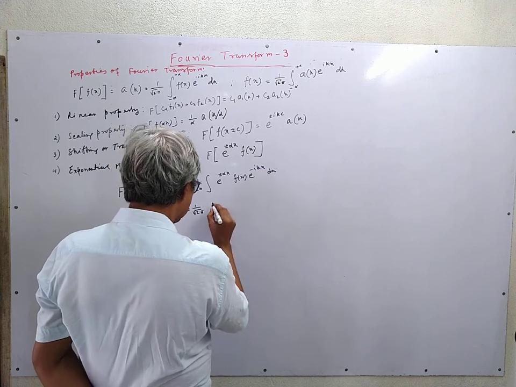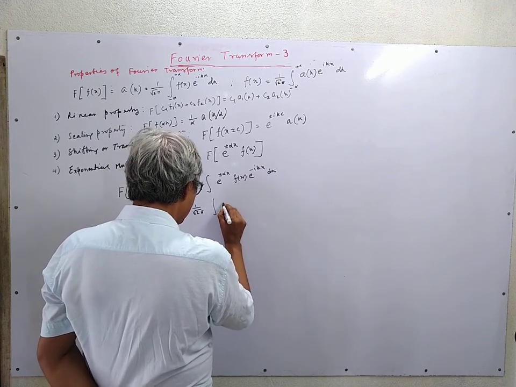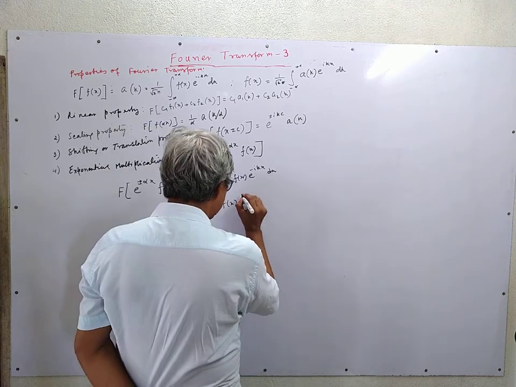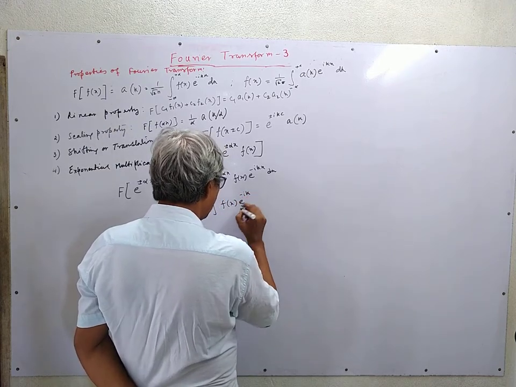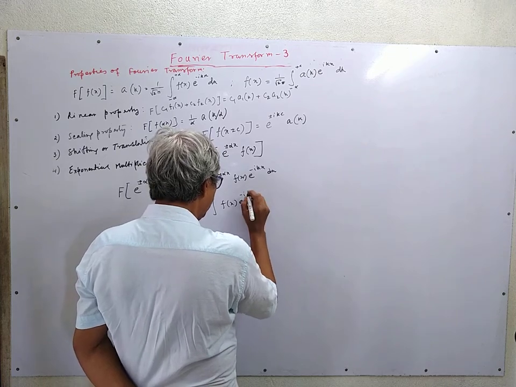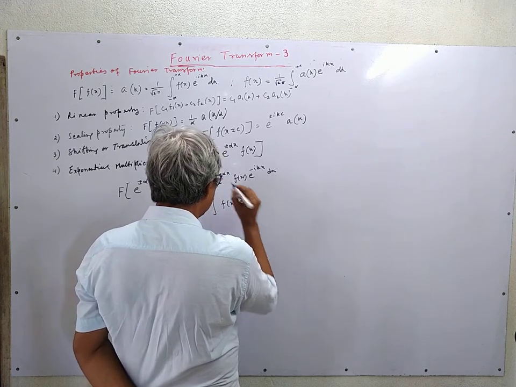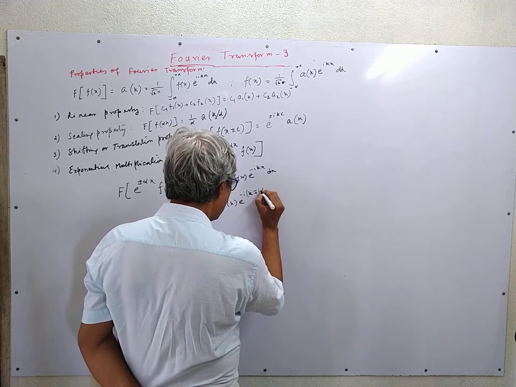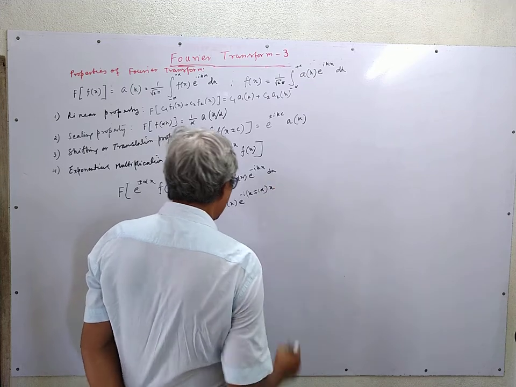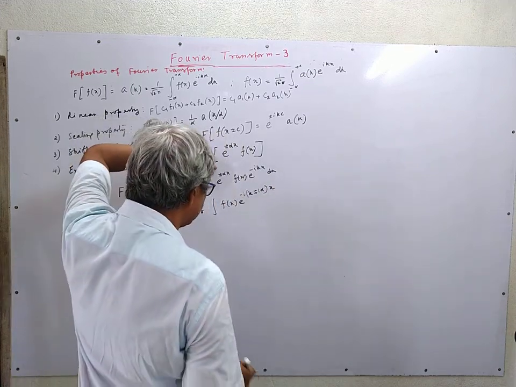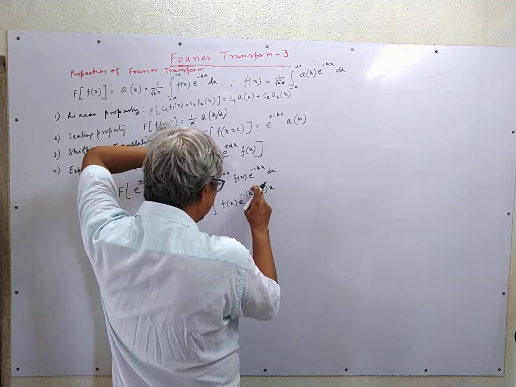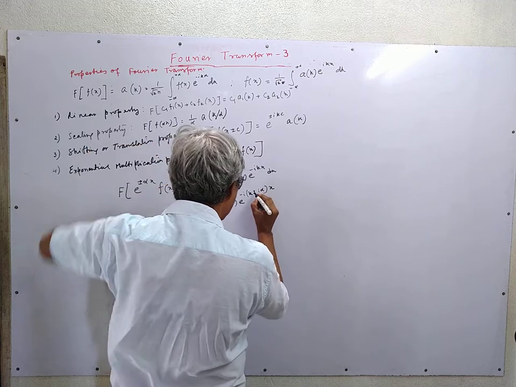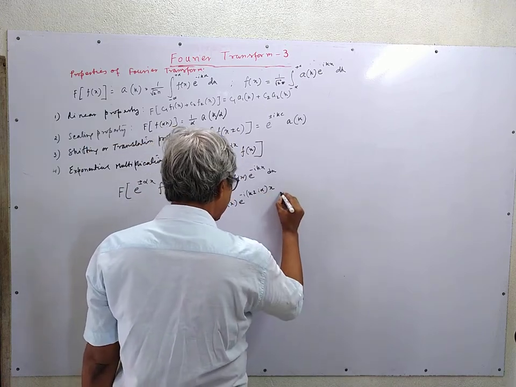This part is coupled with the e to the power minus ikx. If we have plus alpha x, then minus minus plus, so it is plus, ... x dx.